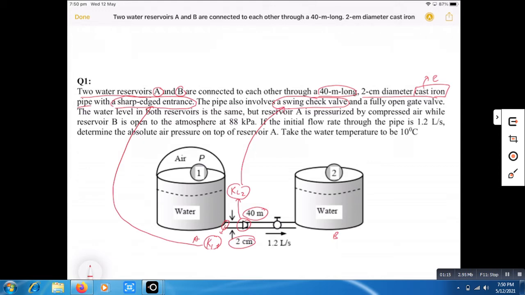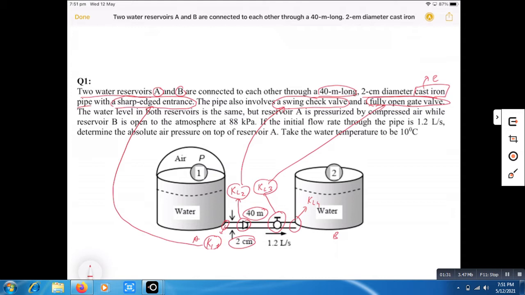And we have a fully open gate valve, so we have KL3. And at the exit of this pipe, we have KL4.